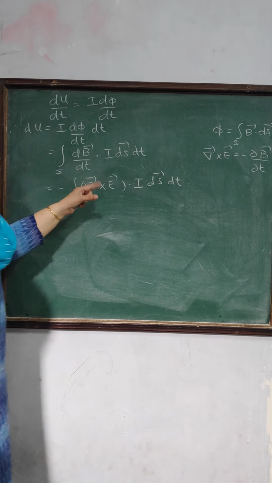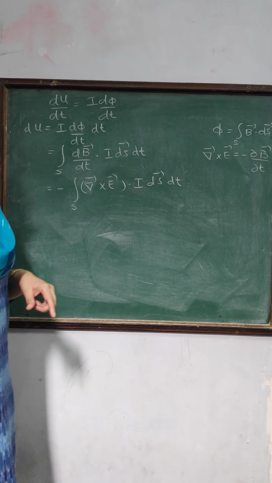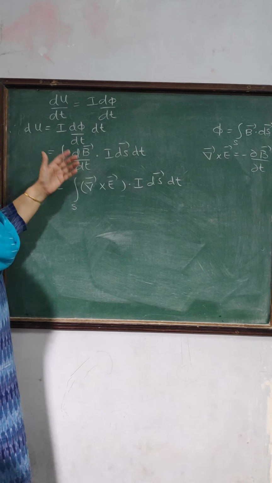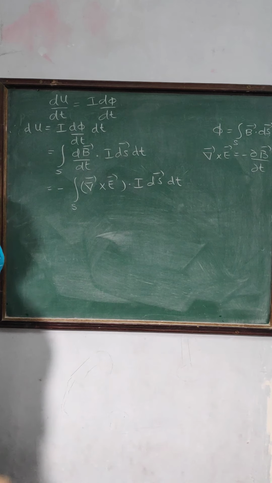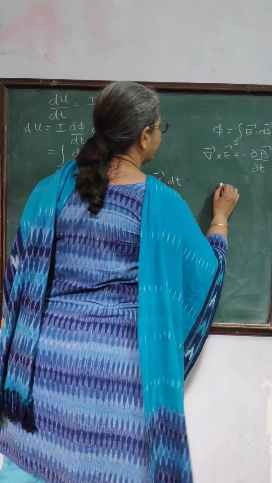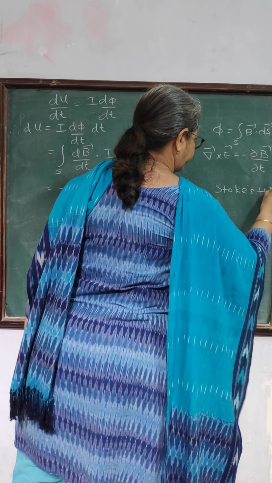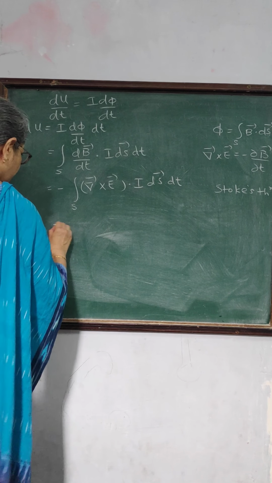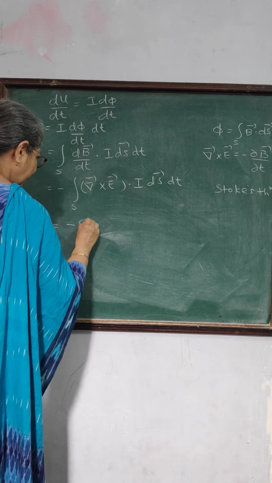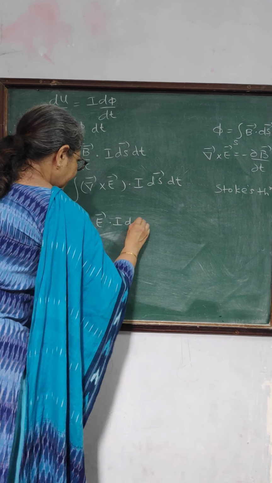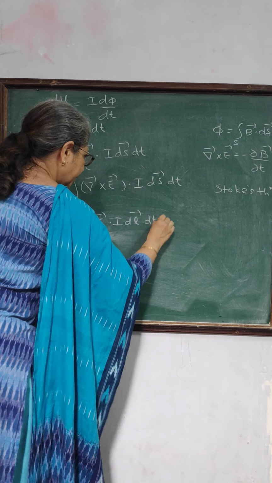Now I want to remove this cross, which can be done with the help of Stokes theorem, converting the surface integral into a line integral: the line integral of E dot dl dt.